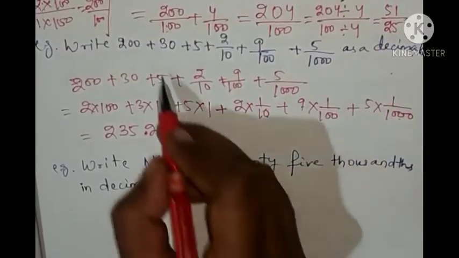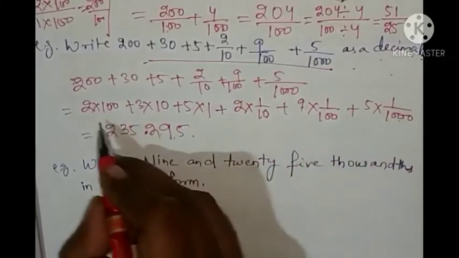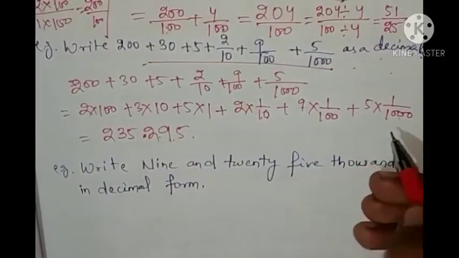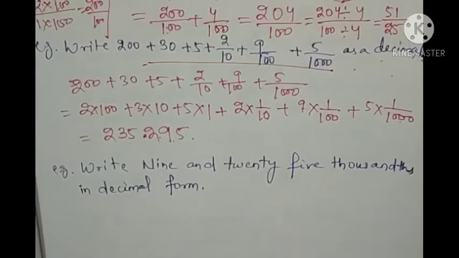Okay, so while making this form as decimal, first you find out the place value. After that you can easily write the decimal number.